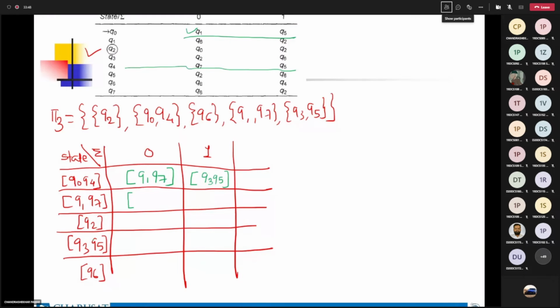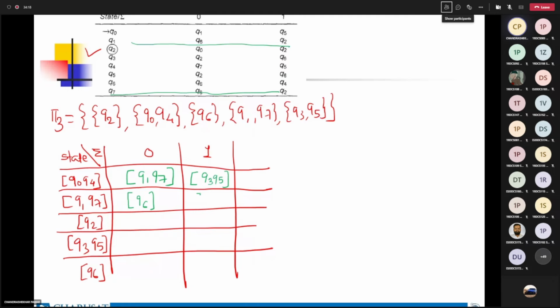Okay. 1, 7, Q1, 7. So Q1 and 7. Q6, Q2. So it is only Q6.